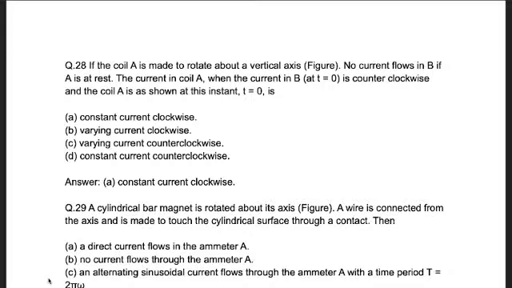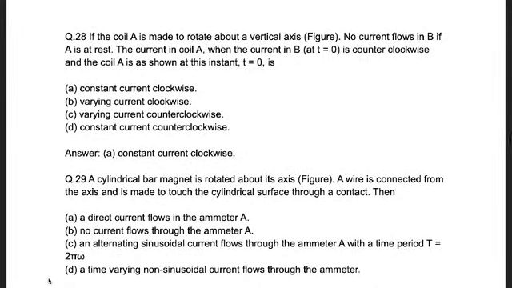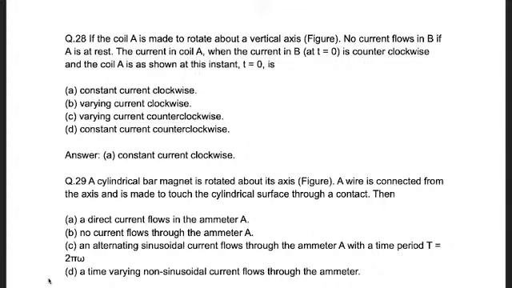D. A time varying non-sinusoidal current flows through the ammeter. Correct. Your answer is B. No current flows through the ammeter A.